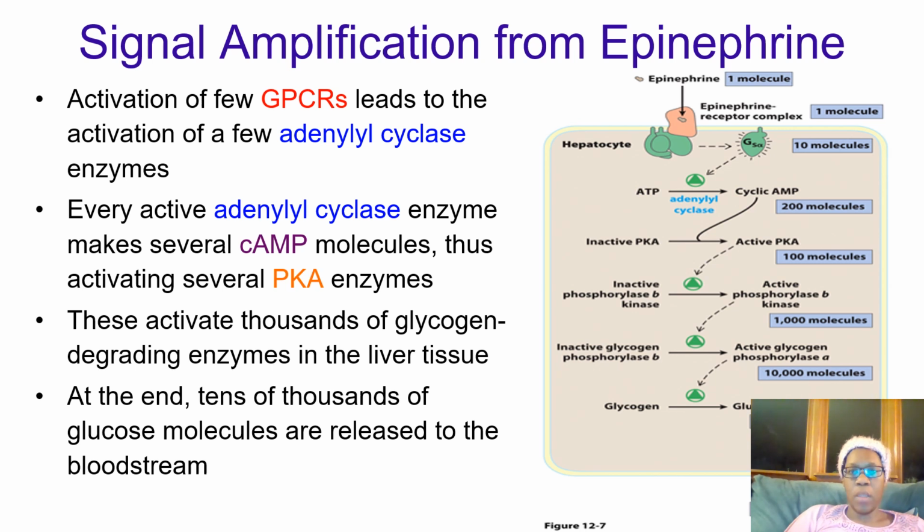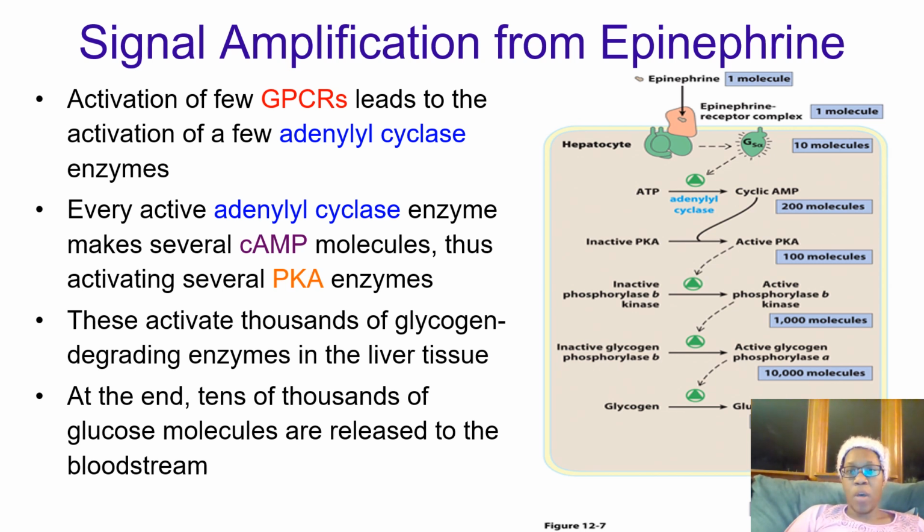So let's follow along on the right of the slide. We have one epinephrine molecule. It binds to one receptor. It activates many G proteins because the G proteins can associate and be activated by one receptor. So then maybe we have 10 G proteins that are activated.